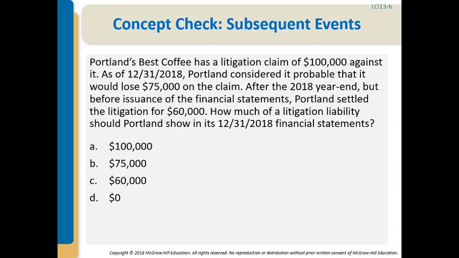Let's see. It has a litigation claim of $100,000 against it. As of 12/31/2018, it considered it probable that it would lose $75,000 on the claim. After 2018 year end, but before issuance of the financial statements, they settled the litigation.